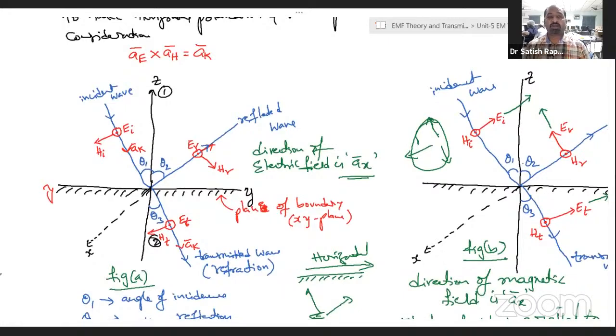Whenever they are indicated as in figure A, it is called horizontal or perpendicular polarization. And whereas if indicated as shown in figure B, it is called horizontal or parallel polarization. Sorry, vertical or parallel polarization, right? So these are the two types of polarizations.